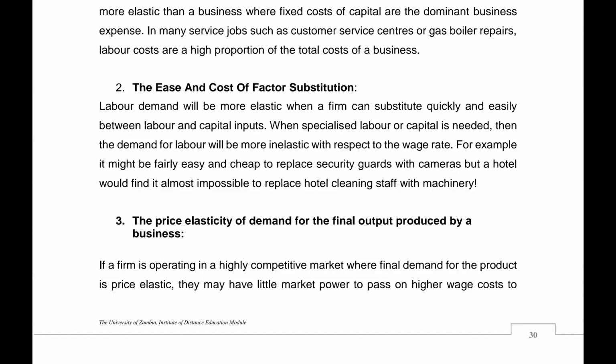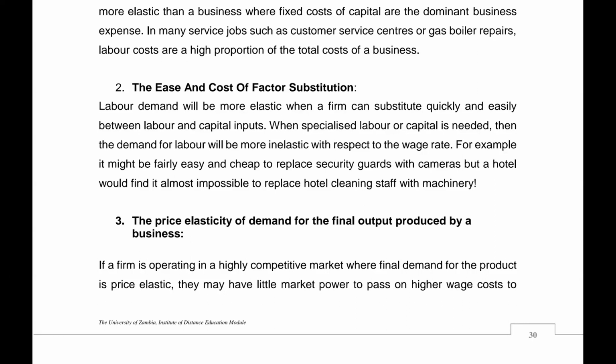Then the other factor affecting elasticity of labor demand is the price elasticity of demand for the final output produced. This is what I just said: the elasticity of labor demand is derived from the elasticity of the commodity that is being produced.